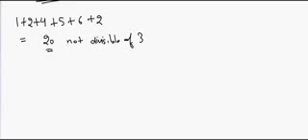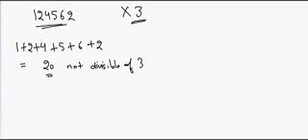So what should the number be if it has to be divisible by 3? Instead of 2, if you make it 3, so 1, 2, 4, 5, 6, and we write 3 in the end, then the sum becomes 21, so that number should be divisible by 3.